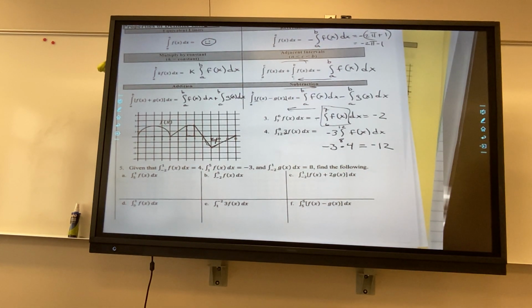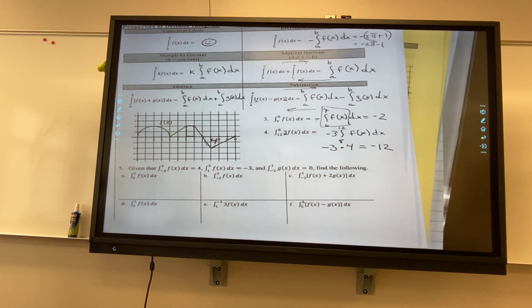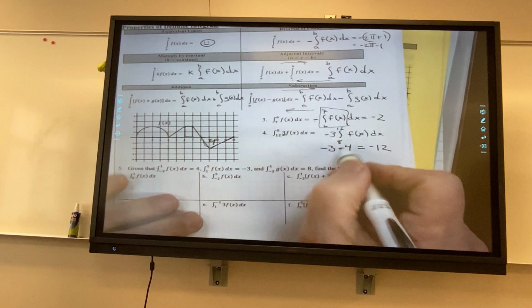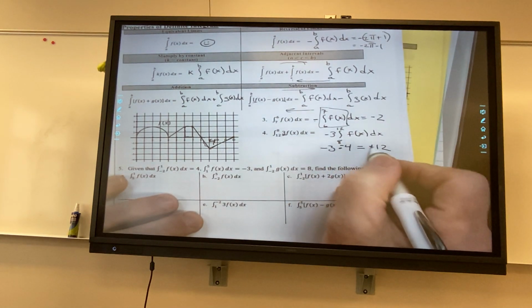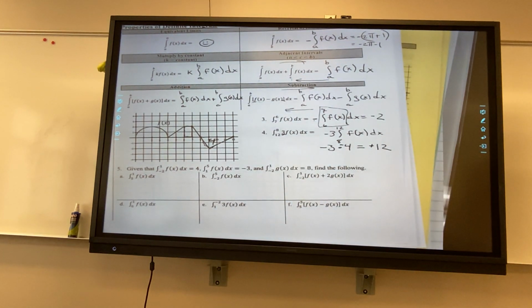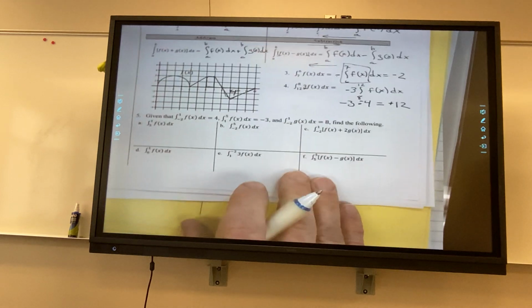No, you get a 12 due to the fact that it's underneath. I get a positive 12 due to that it's underneath. Right, because we really treated it like a -4. Thank you.